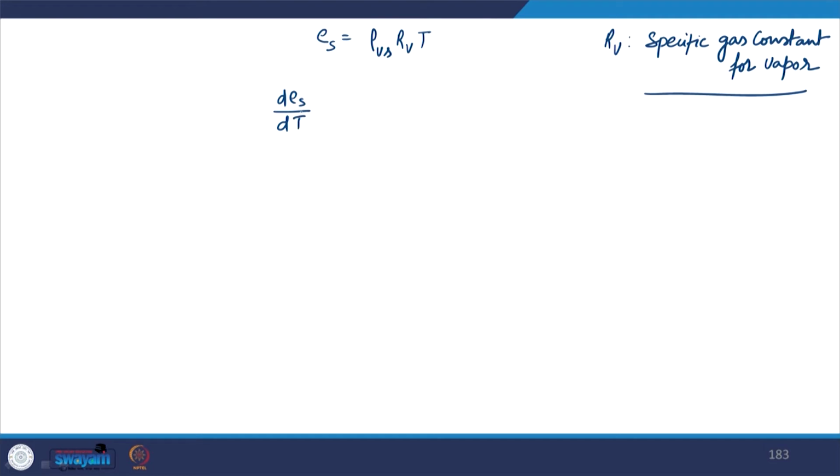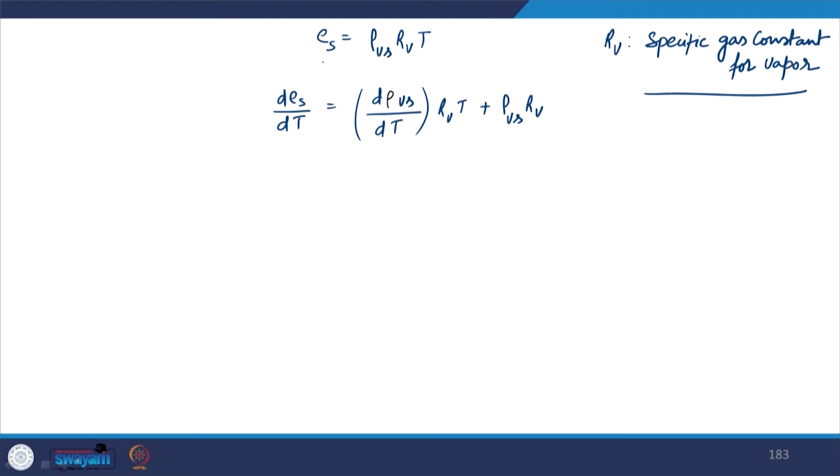ES is always the vapor pressure. To indicate that, we use E instead of P. Okay. So, this is equal to dEVS by dt times RVT plus rho Vs into RV.